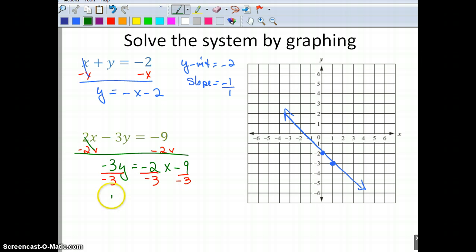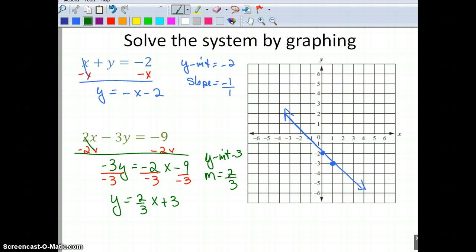Now when I do that, I have y is equal to, a negative over a negative is a positive, 2/3 x, and -9 divided by -3 gives me a positive 3. So this one has a y-intercept of positive 3 and a slope of 2 over 3.